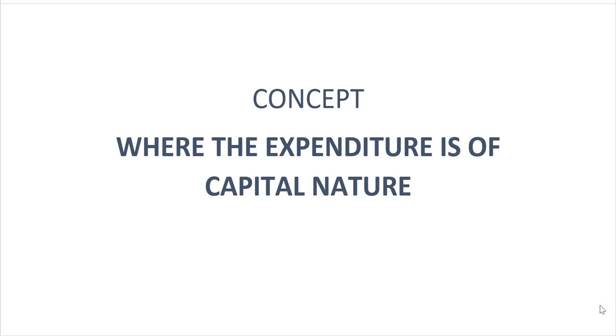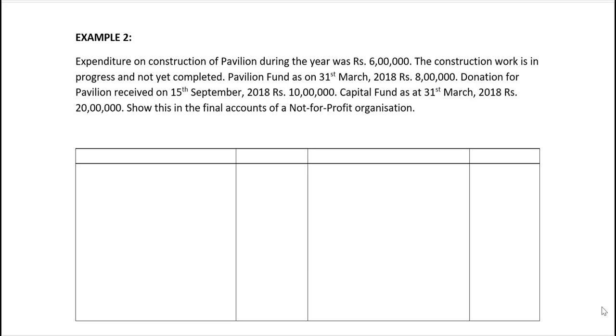Next, we'll deal with the concept in fund-based accounting where the expenditure is of capital nature. Let's go to the example sum. Example 2. Expenditure on construction of pavilion during the year was rupees 6 lakh. The construction work is in progress and not yet completed.